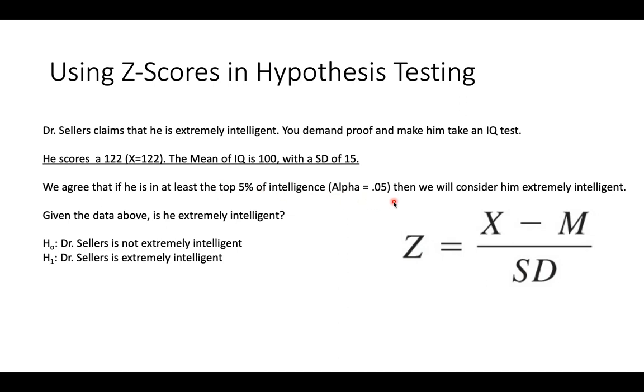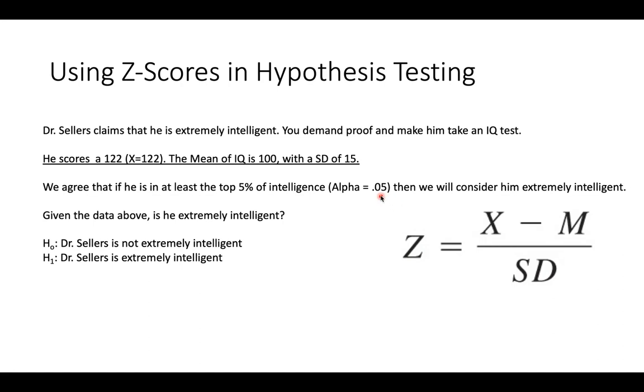This is what we call alpha. So we're going to set alpha at 0.05, meaning that I must be at least in the top 5% of intelligence to be considered extremely intelligent. We find alphas in the social sciences and behavioral sciences, like psychology, to be either 0.05 or 0.01. Those are sort of our common benchmarks in the field.